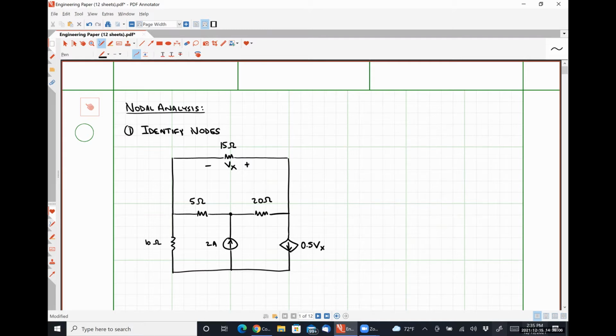Okay, so this is our circuit that we are going to analyze, and we're going to identify nodes just like we've done it previously. I like to use different colors and all that kind of stuff. So that's exactly what I'm going to do. I have a node here on the left-hand side of my circuit.